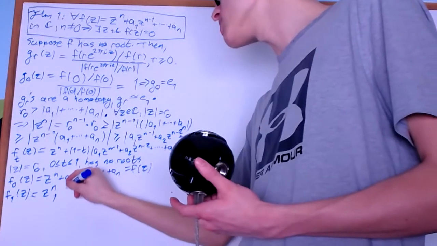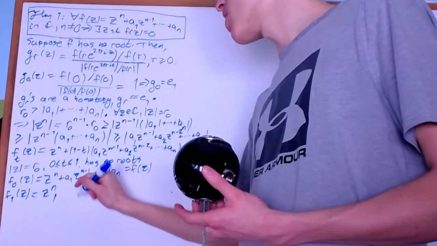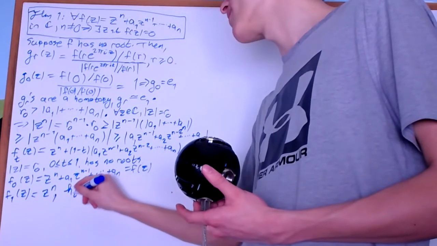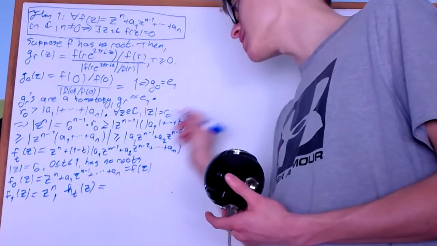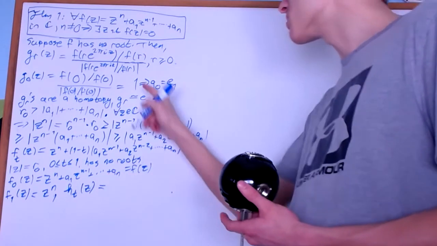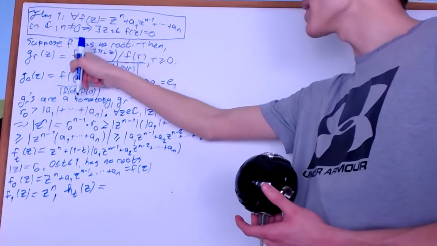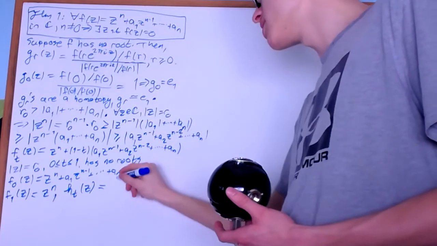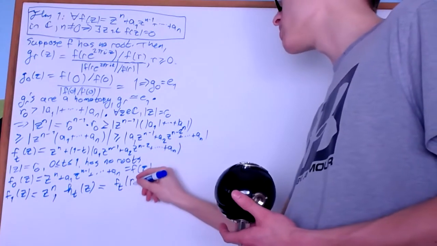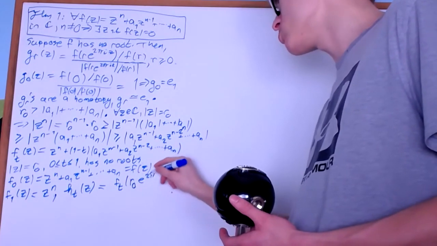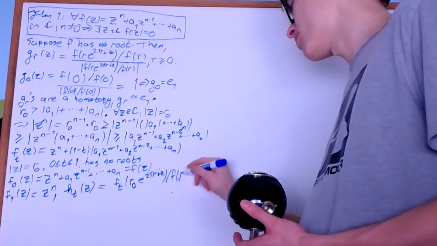The way we do this is by defining a third new family of maps, ht of z. And ht of z is going to be equal to basically this, but we will replace f with ft. So we have ft of, now instead of r, we're going to do r0 e to the 2 pi i z, and then we divide it by f of r0.